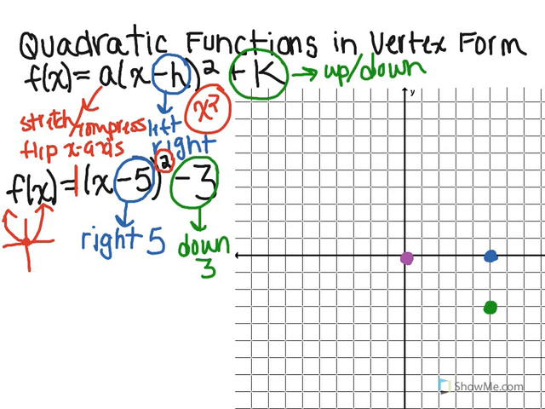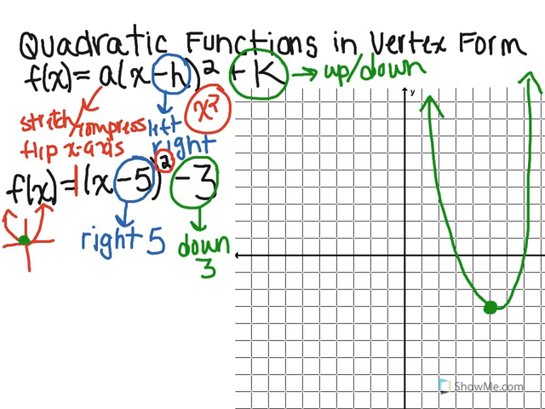So this is the only point that really matters, so I'm going to erase the other two. That's our new center point, and it's just going to go up on each side. So our graph is going to look something like this.